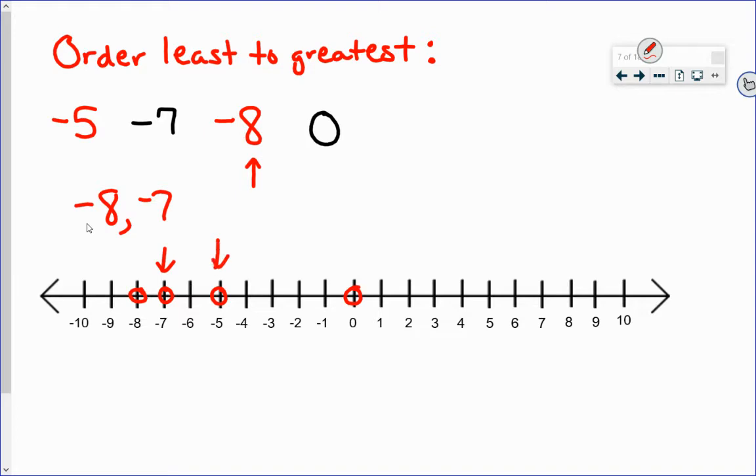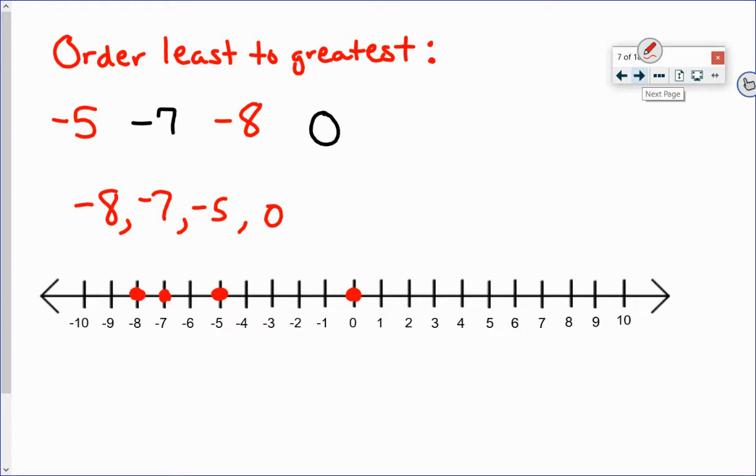Negative 5 would be next. And then 0 would be last. They go from left to right on the number line, which means they are in least to greatest order.